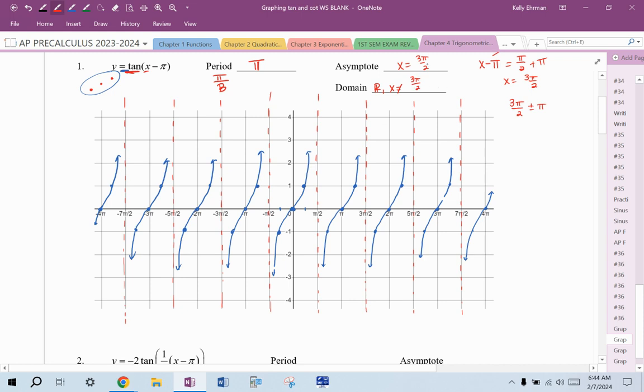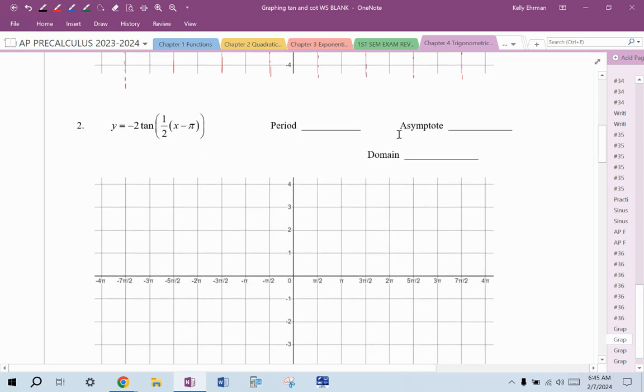I just use that one because that's what I have written on my paper. I could use any of these asymptotes as a starting off point. And then add to that the period, because it's the period that will get you to the next asymptote for the tangent graph every single time. That was not true for secant and cosecant. It was half the period that got you there, but here it's the period. So I would just say plus pi k. K is an integer, and I'm just using the shorthand for that.